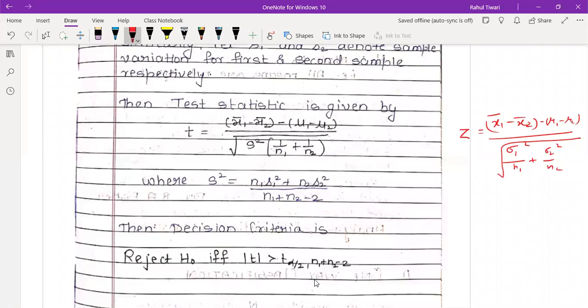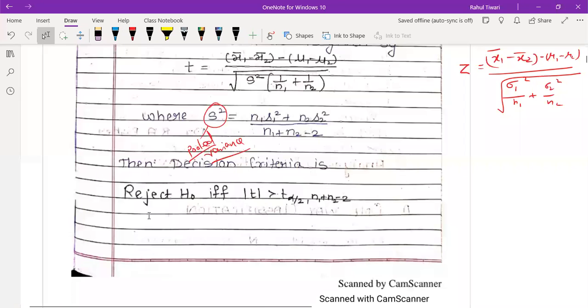One can use the pooled variance, which is s square. This is also known as the pooled variance. This you can use in paper 2.